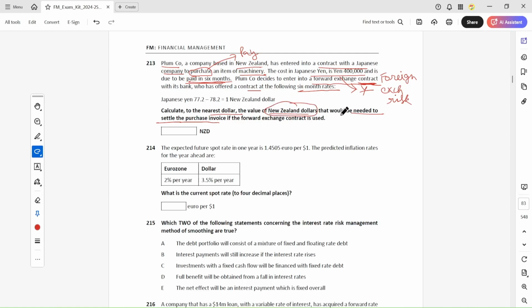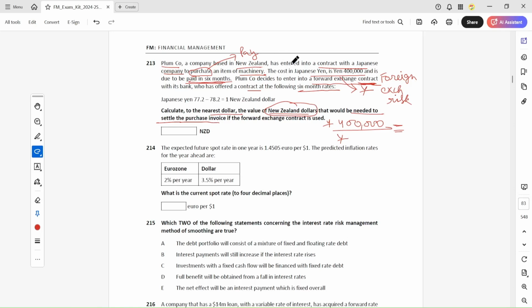We are paying this much yen, so we have to divide it by the rate. Which rate do we have to use?